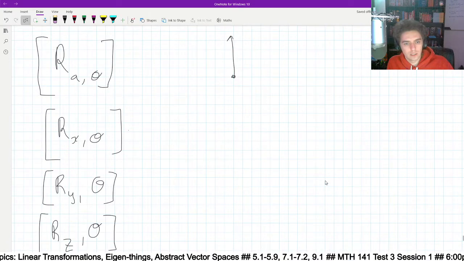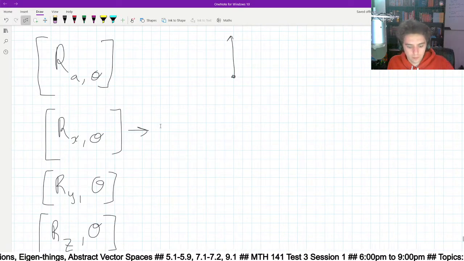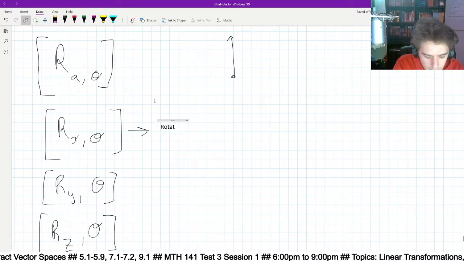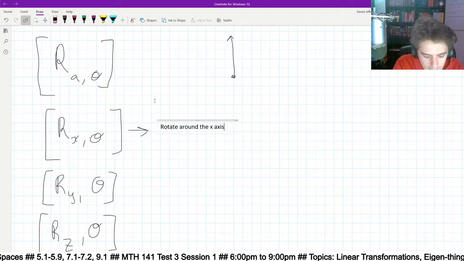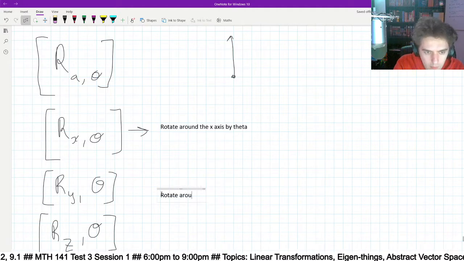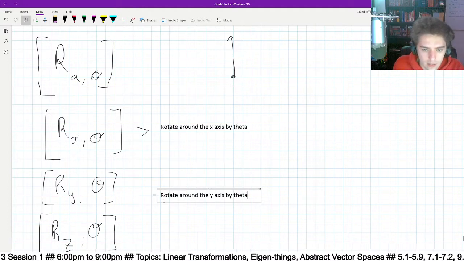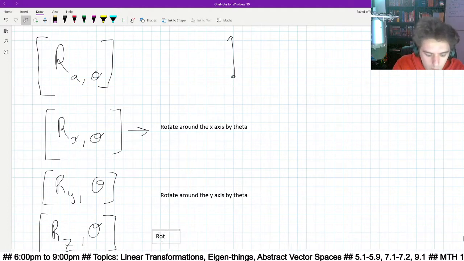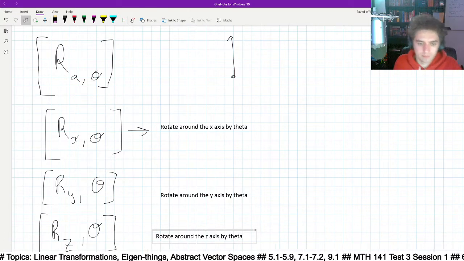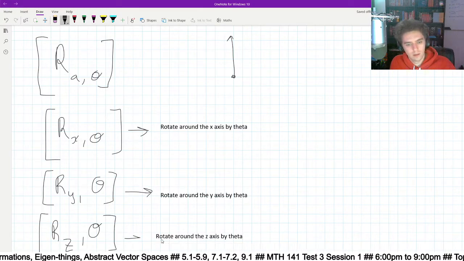This one is rotate around the x-axis by theta, this one is rotate around the y-axis by theta, and this one is rotate around the z-axis by theta. And there's those three.